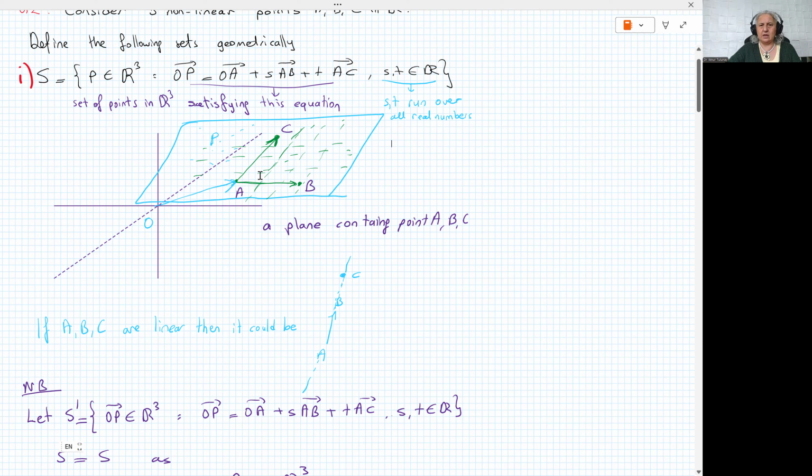And the vector AC here, again, you're stretching and squeezing, and you're also looking at the parallel ones for AB as well. So this is how you get the plane, and this is how you imagine the plane geometrically. It is equivalent to say that the points in R3 satisfying this condition is equivalent to saying the vectors OP satisfying this condition. These two sets are exactly the same set. We can express it in this way or in this way, just a note for you.